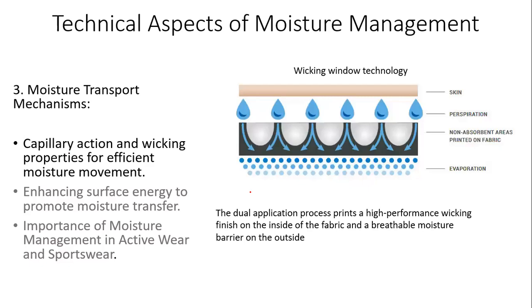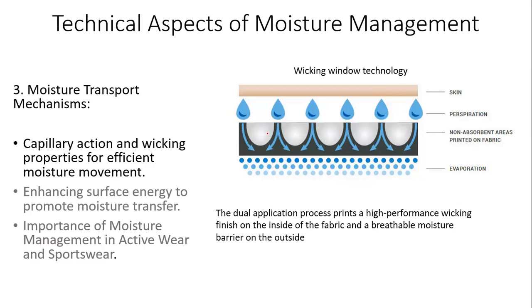And then this is another technology that we can think about when it comes to improving the moisture management through moisture transportation mechanism. That is wicking window technology. So in here they have applied a coating through a print and it has a very high performance in the wicking.